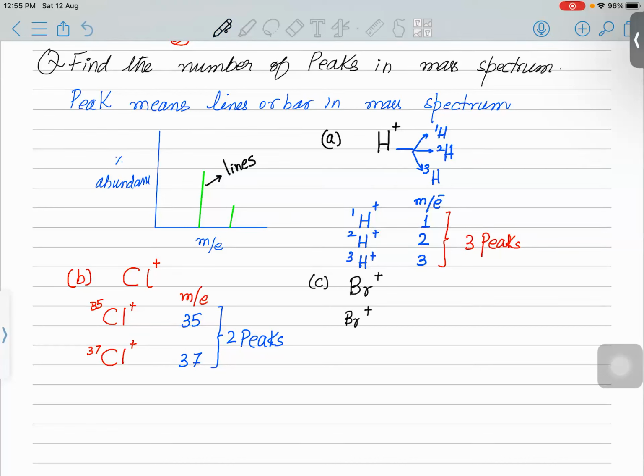How many isotopes for bromine? 2 isotopes, 79 and 81. So again 2 peaks, a peak at 79 and a peak at 81.